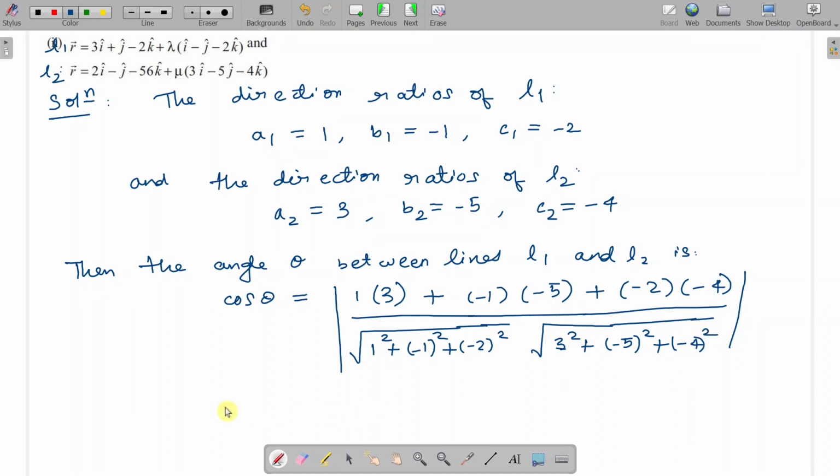Okay, so this implies cos theta is equal to modulus of 3 plus 5 plus 8 divided by root of 1 plus 1 plus 4, that is nothing but root of 6 into root of 9 plus 25 plus 16. Okay, so 9 plus 25 will be 34, 34 plus 16 will be 50, so root of 50 here.